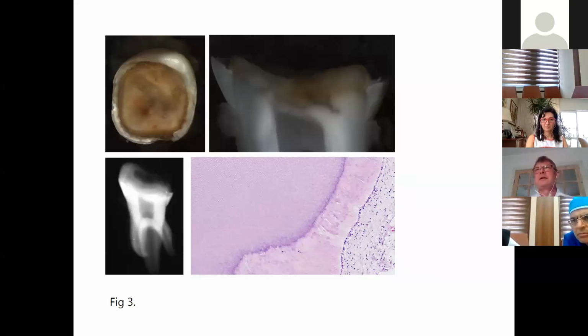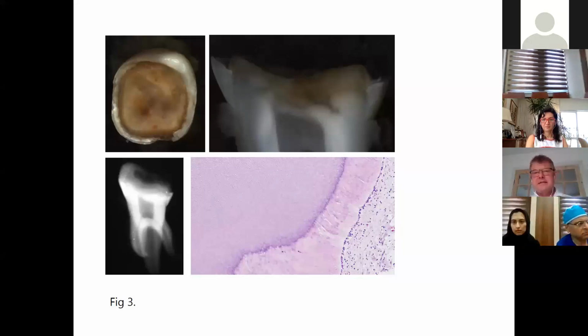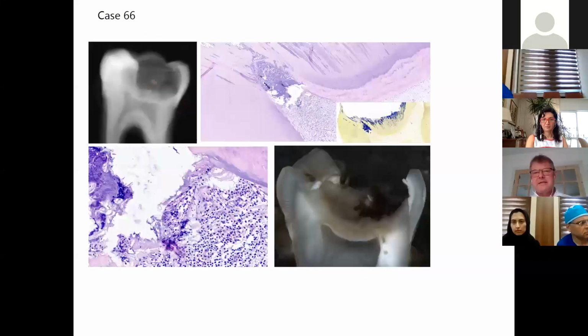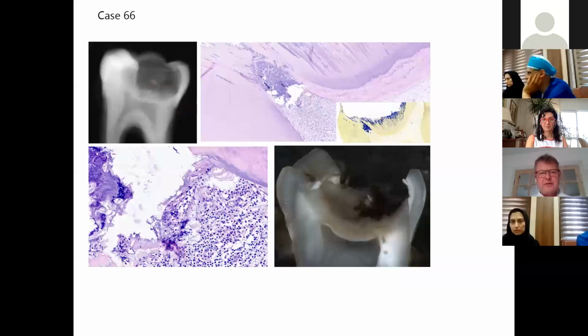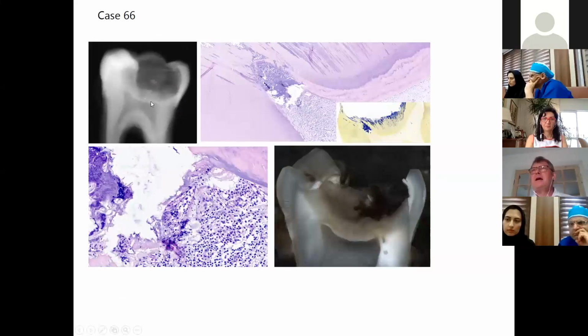The first one shows a scenario of the deep lesion where you still have the radiopaque zone, and a scenario like this where you have the extreme deep lesion, and even on the radiograph with a thin line, we have a relatively higher risk of bacterial penetration in relation to the tertiary dentin.